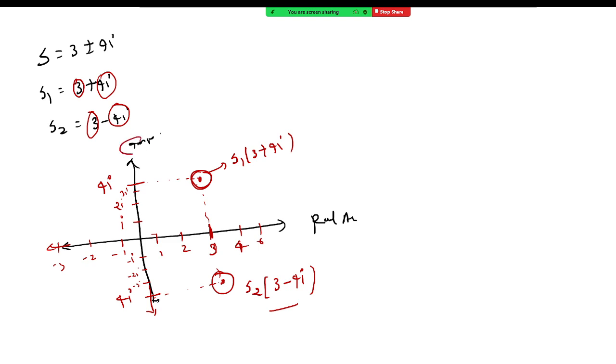So your y-axis in the complex plane shows the imaginary number, and the x-axis shows the real number. So this is your complex plane, and this is the criteria for the roots in this particular system. Is it clear to all of you?